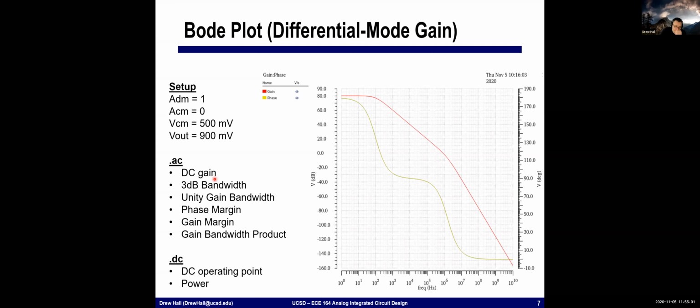And so from the AC simulation that I'm showing here, where I have gain and phase, I can pick off all of these parameters. I can find the DC gain, the 3 dB bandwidth, unity gain bandwidth, phase margin, gain margin, as well as the gain bandwidth product. You'll also remember that I'm running a DC simulation, and so this gives me the DC operating point as well as the power that my circuit is consuming.